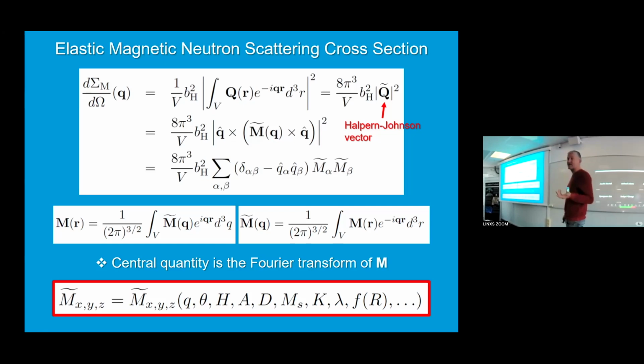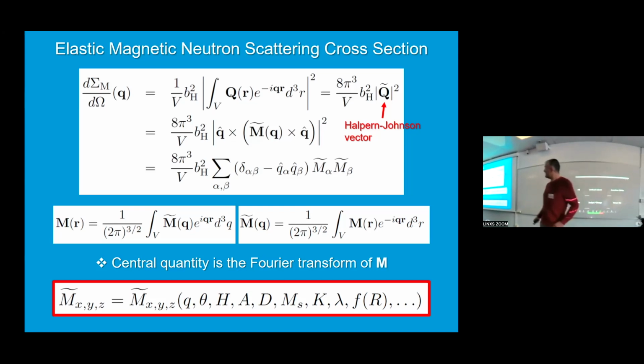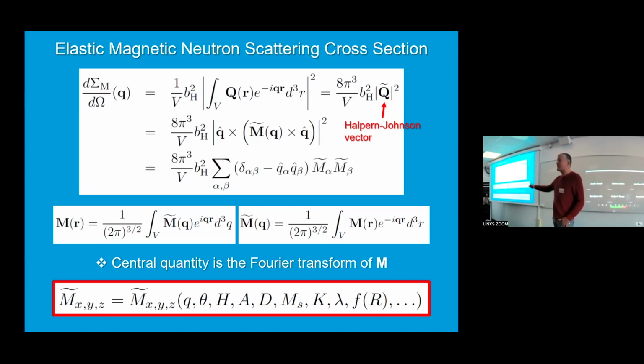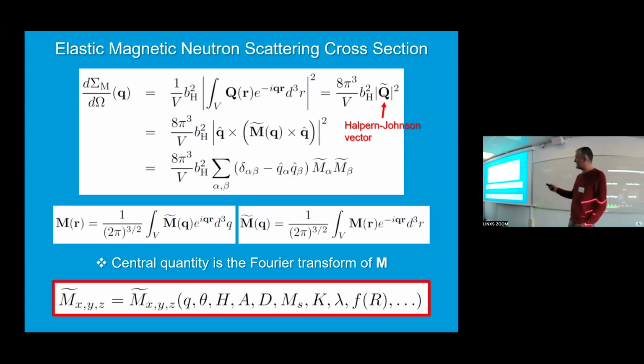Alpha, beta denote Cartesian coordinate indices, so it's x, y, or z. And then this is the Kronecker delta, and so on. This is just a trigonometric function, a sine or cosine. And here you have simply the Fourier transform of the Cartesian components of the magnetization. And then you can calculate it, plot it, analyze it, and compare it to your experimental data.